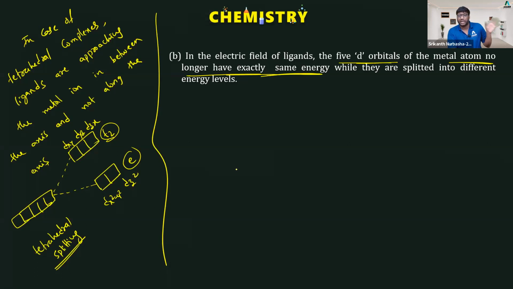So the degenerate d orbitals split into different energy levels or sets. In the octahedral splitting, we have T2g down, Eg above. In the tetrahedral splitting, we have E down, T2 above. In the square planar splitting, we have many levels: dx square minus y square is highest, then dxy, then dz square, then dyz and dzx.